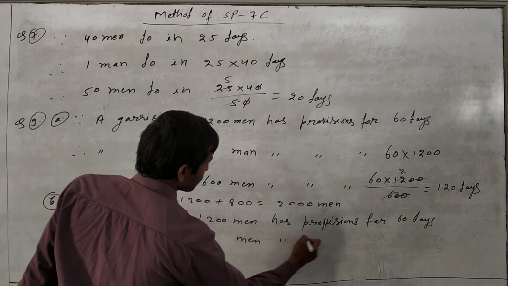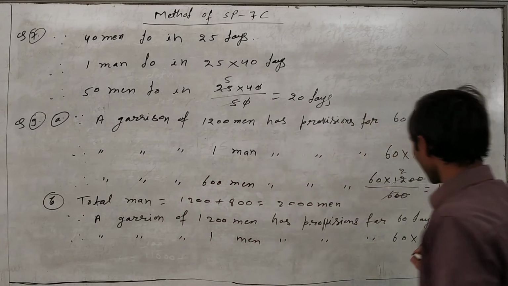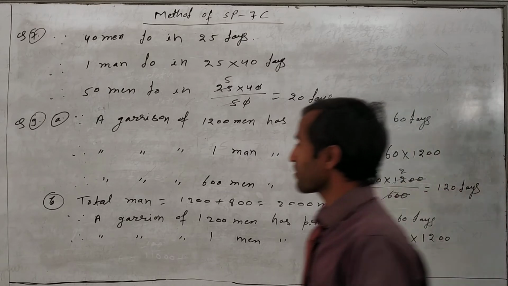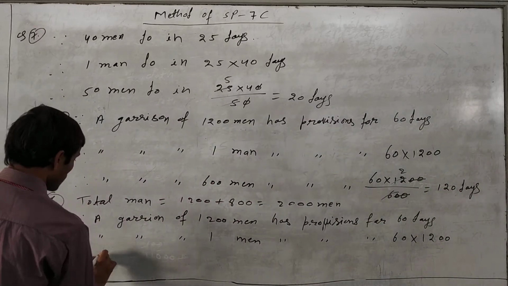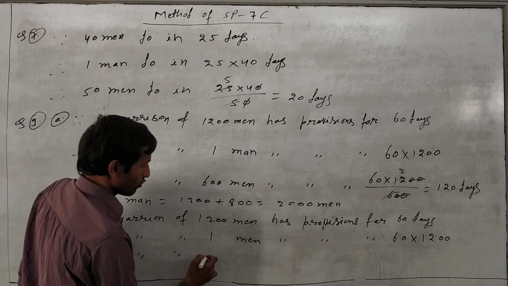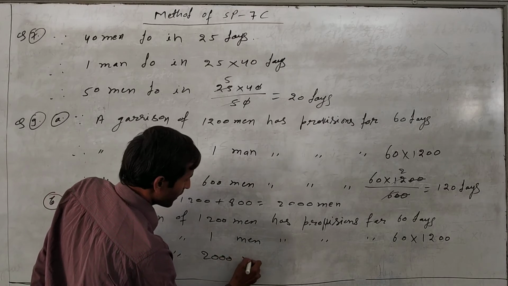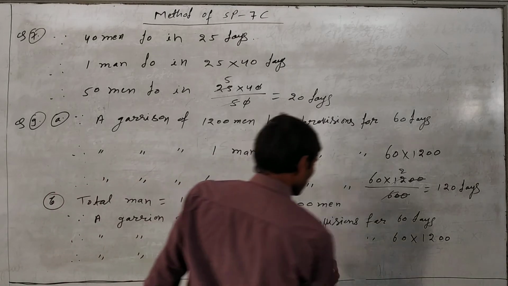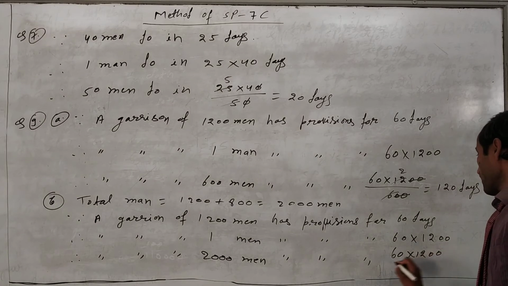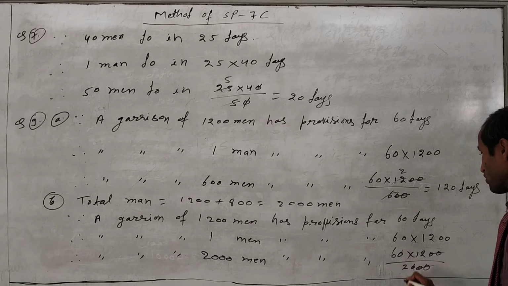One man has provisions for 60 into 1200 days. It will take more, so we multiply again. Now we have to find for 2000 men, so we will divide here: 60 into 1200 divided by 2000. So 20 will cancel, and again the zeros will cancel.